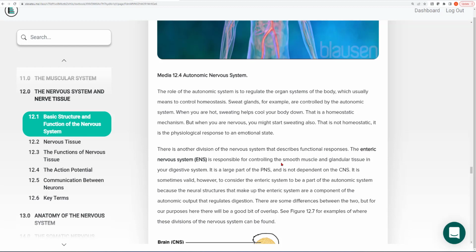This is basically a separate component of your nervous system that is controlling the smooth muscles and glandular secretions of your digestive system. It is a subdivision of your PNS and has nothing at all to do with your CNS.